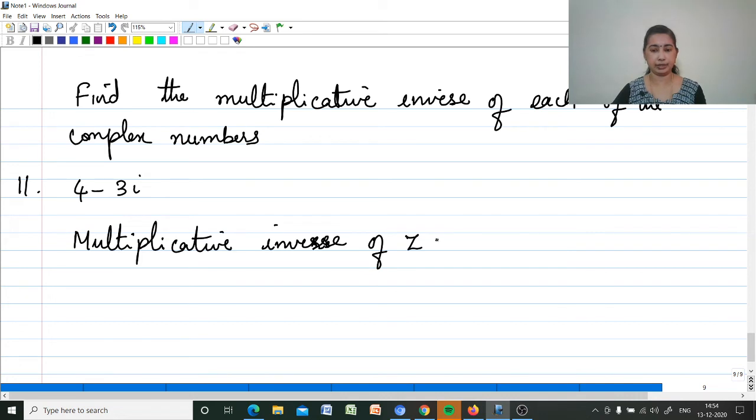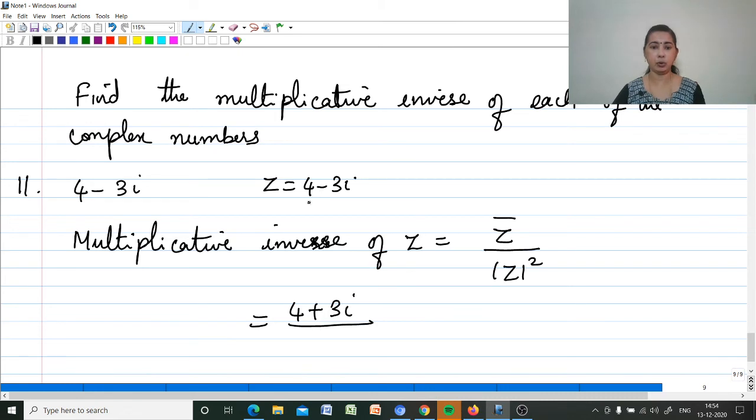Inverse of z is equal to, z means z is equal to here 4 minus 3i. So, in order to find the multiplicative inverse, what is the formula we have studied? It is z conjugate divided by mod z square, and z conjugate is 4 plus 3i divided by mod z square, which is 4 square plus 3 square.